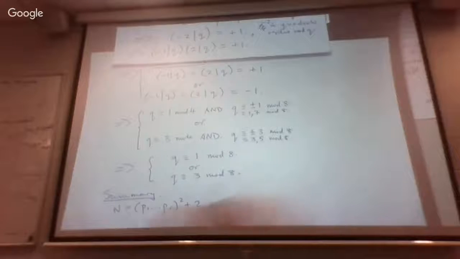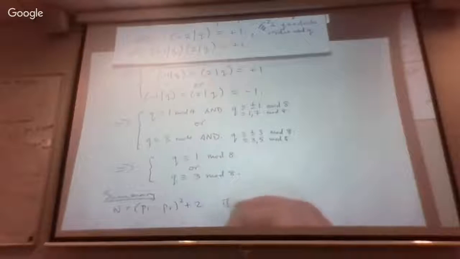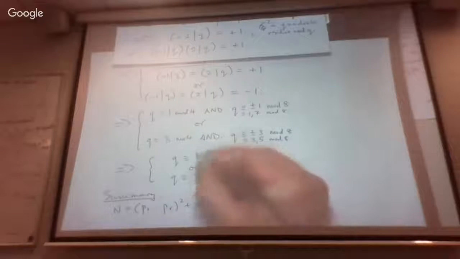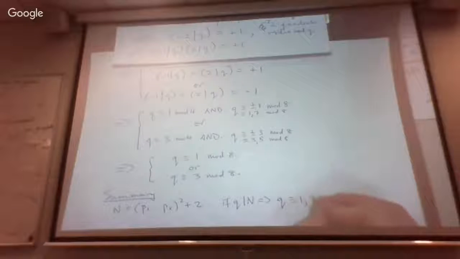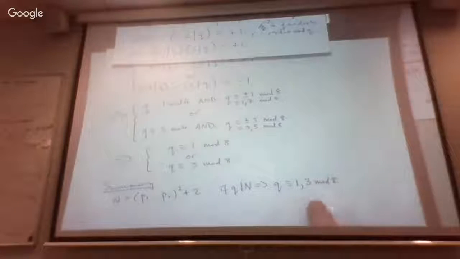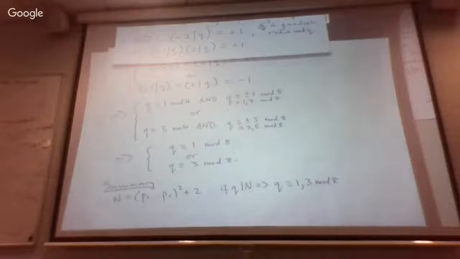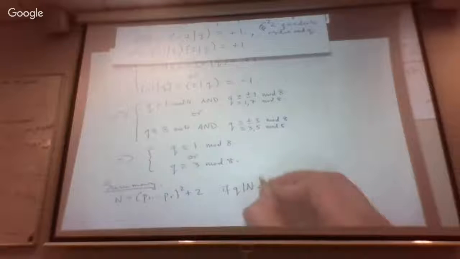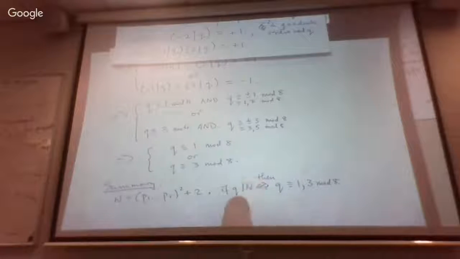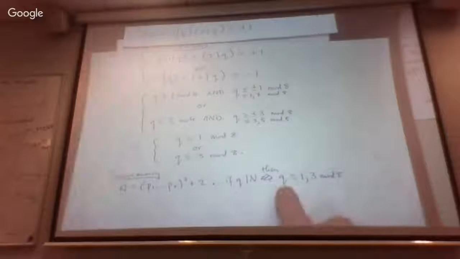If q is a factor, q divides n, then q is plus or minus 1 or 3 mod 8. That's a summary of what we've just done. I shouldn't write "implies", I should write "if, then". So n is this number. If q divides n prime, then q is congruent to 1 or 3 mod 8.